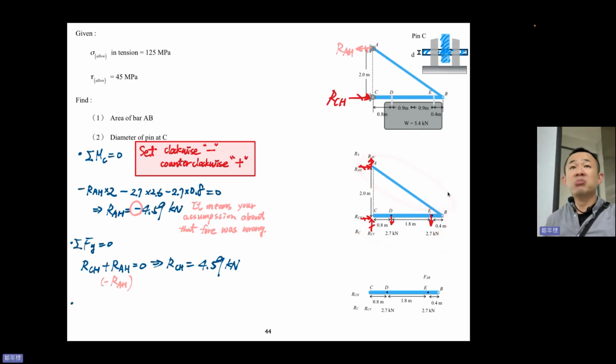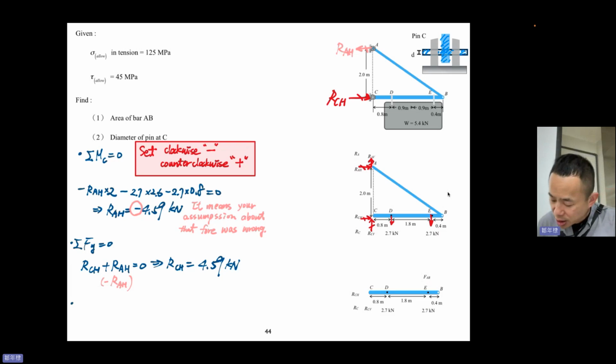This part only, yes, equilibrium. This one, equilibrium as well, okay? So we can cut that, and examine this part and do the force balance and moment balance for this part. And then we can obtain more unknowns. Okay.